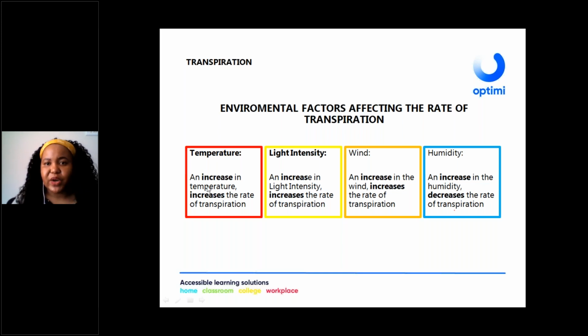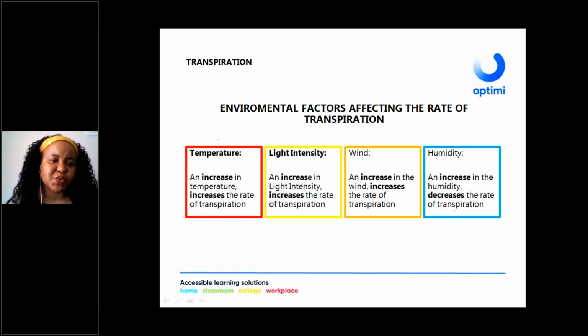Just like when our bodies try to cool themselves down, they sweat, they release some water. You will also look at this next year in grade 11 when you do cellular respiration, how organisms, animals and plants, release water through the process of cellular respiration.